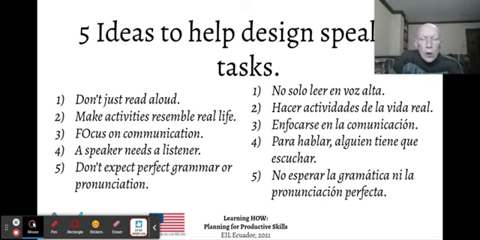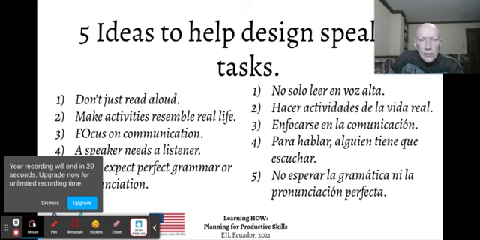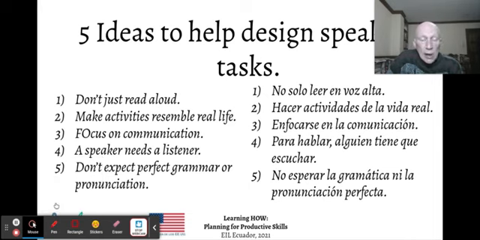So these are 5 ideas taken from various sources intended to help you design speaking tasks that will keep your students practicing real speaking.